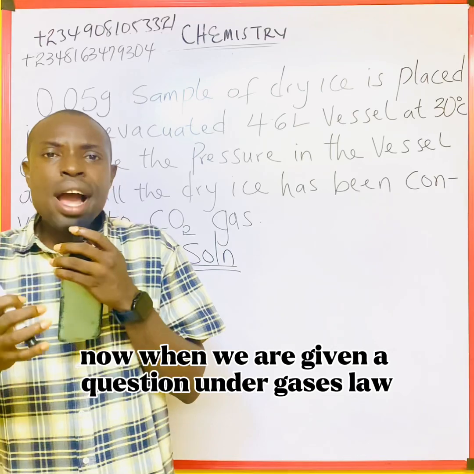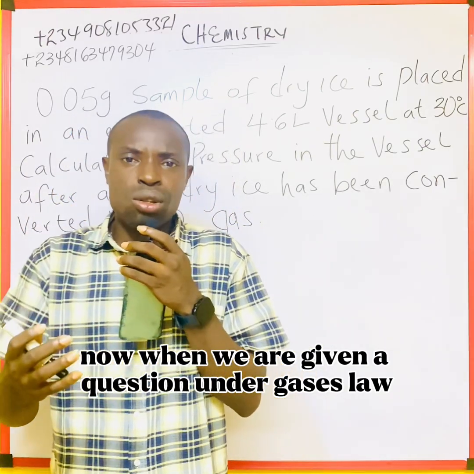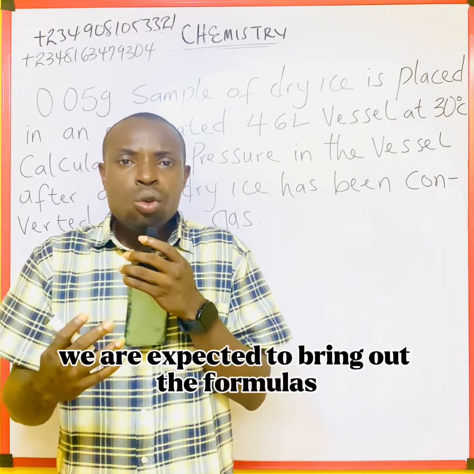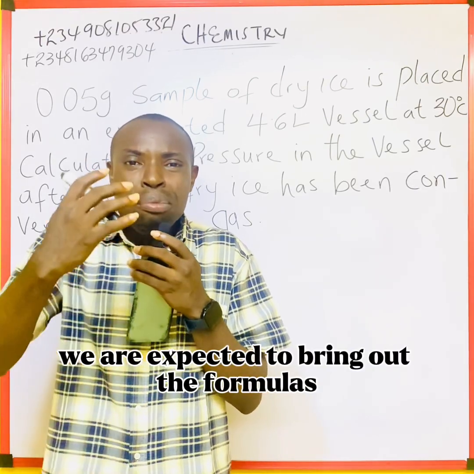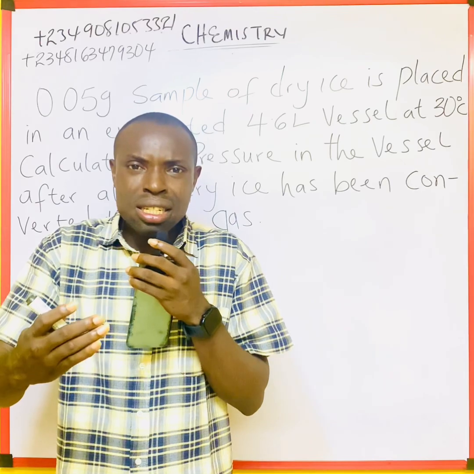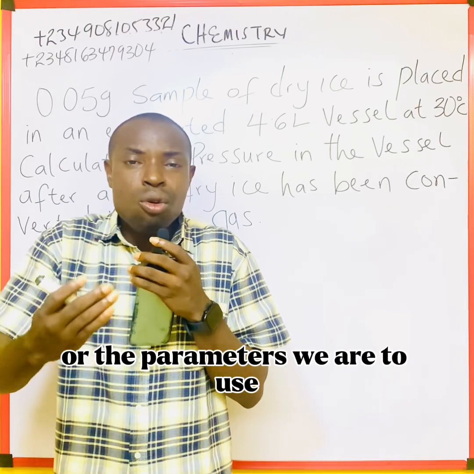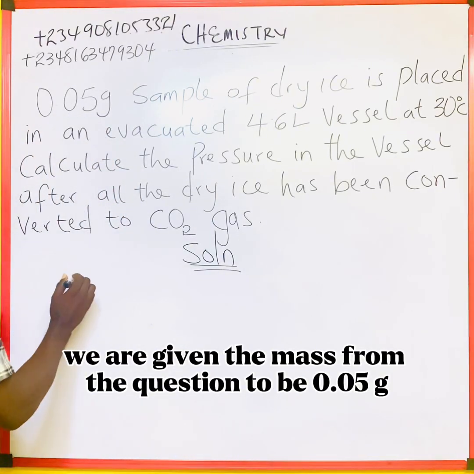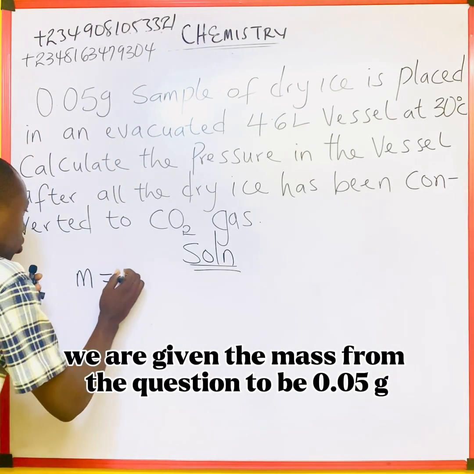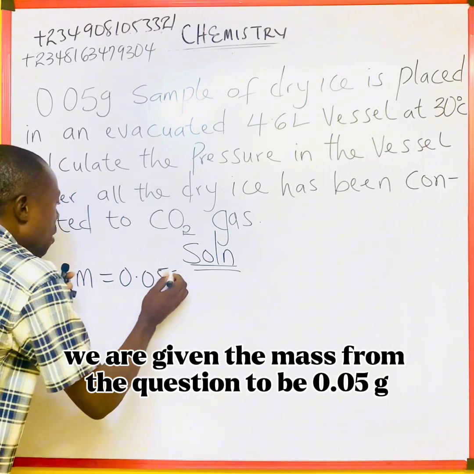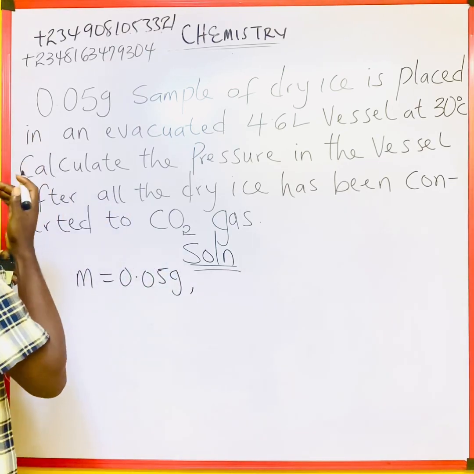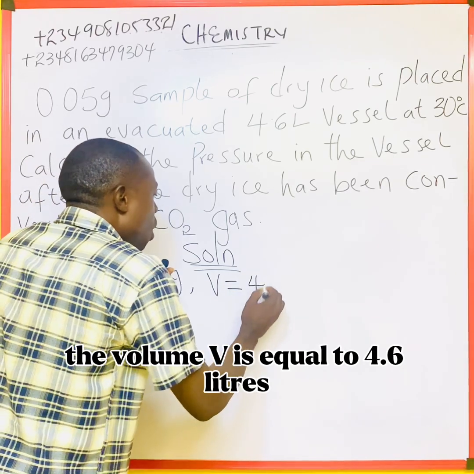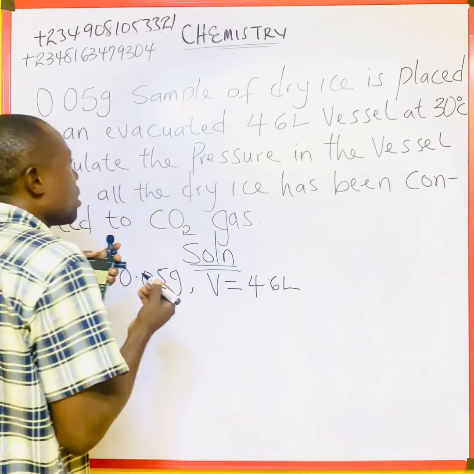Now, when we are given a question under gas law or under calculations in chemistry, we are expected to bring out the formulas or the parameters we are to use. First of all, we're given the mass from the question to be 0.05 gram. The volume V is equal to 4.6 liters.